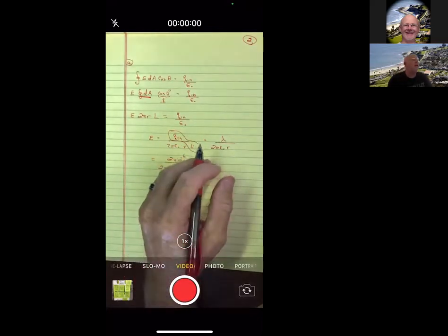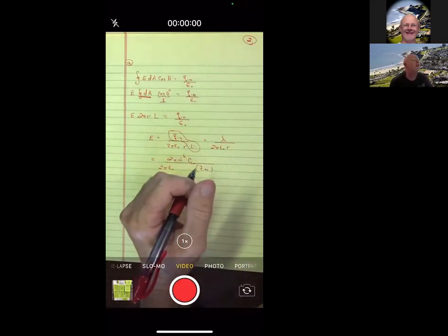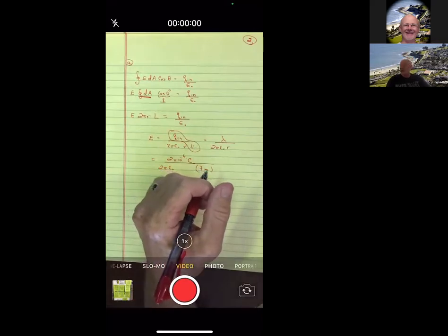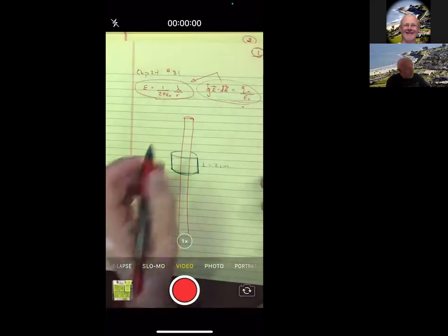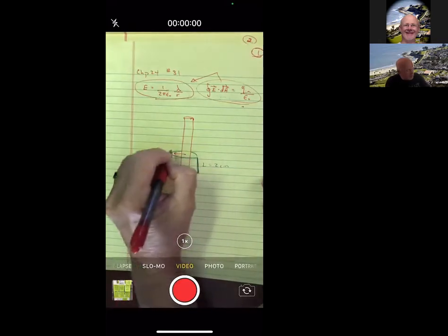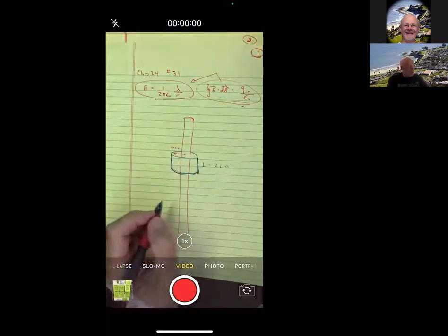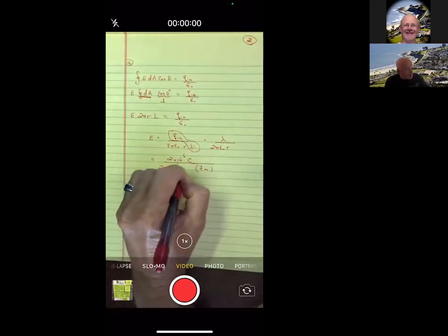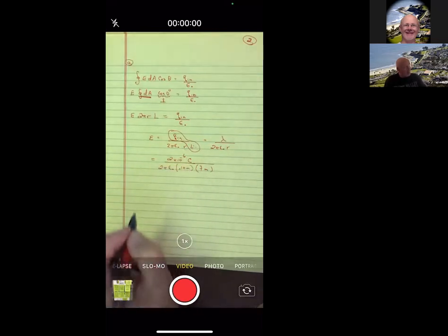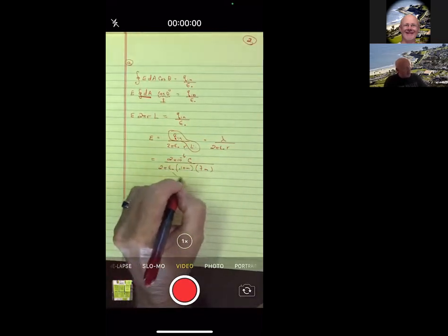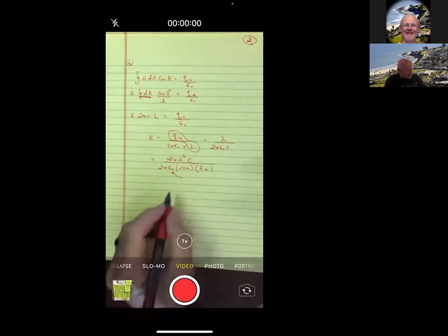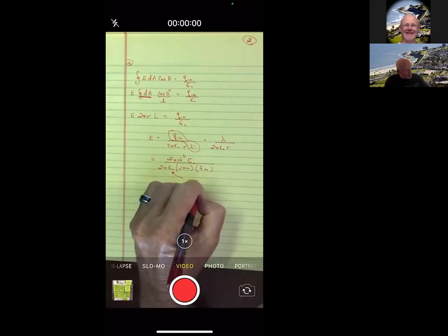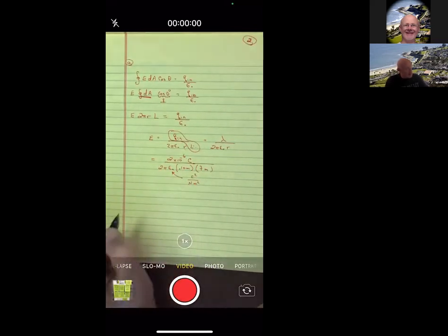They say find the electric field on the surface of the cylinder. So let me go back. The cylinder, I believe, had a radius of 10 centimeters. I didn't put it in the drawing here, but I'll do that now. 10 centimeters. Okay. So this right here would be 0.10 meters. And the units for epsilon naught are, on the bottom, Newton meters squared over coulombs squared.